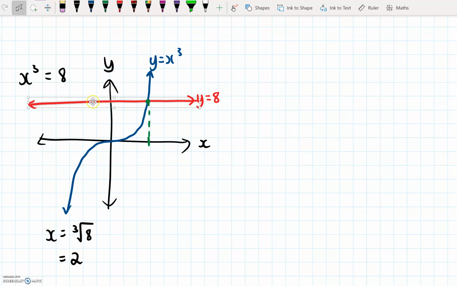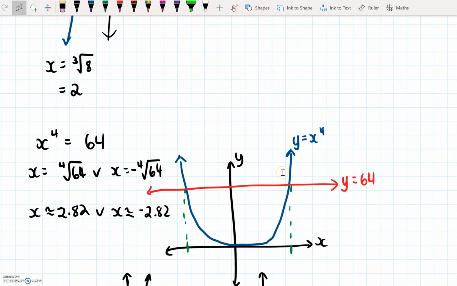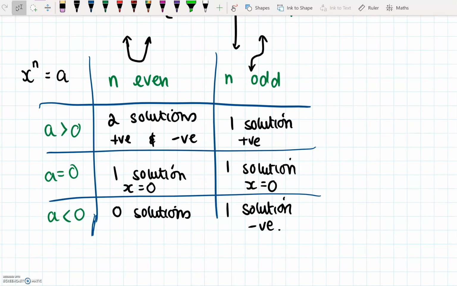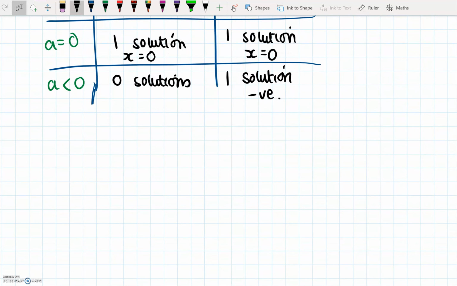So you should be able to see that with an odd power, if n is odd, we always get one solution. In this case, it's going to be negative.